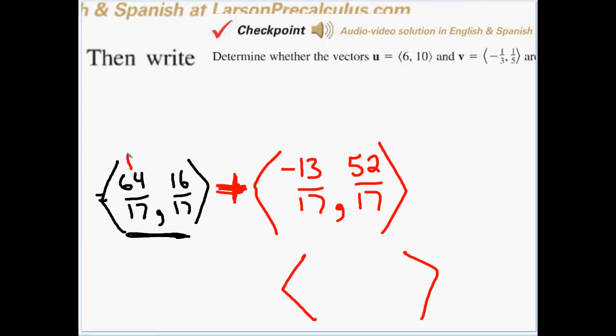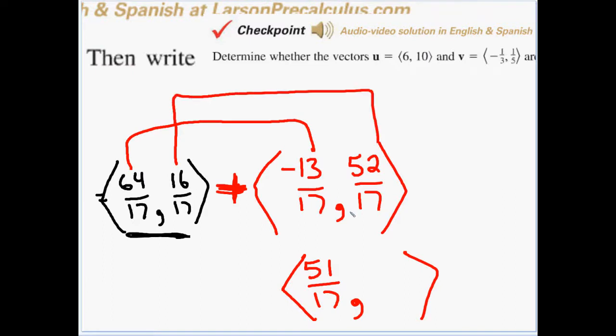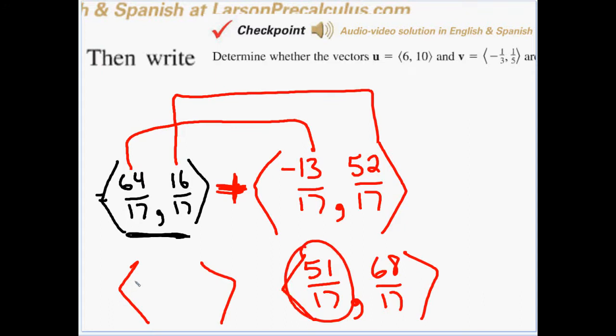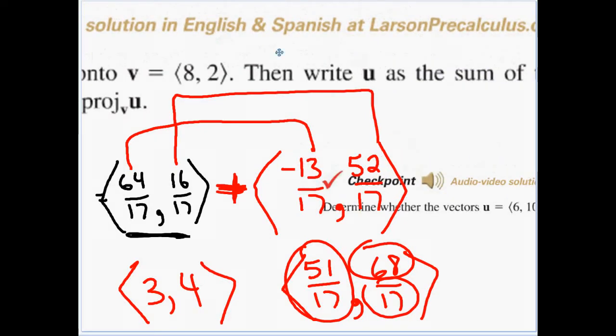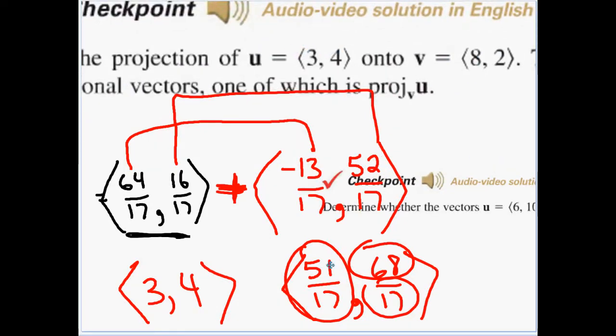And if we do add 64 plus a negative 13, that'll take us to 51 over 17, comma, 16 plus 52, we're adding here. That would be 68 over 17. And if we divide, 51 divided by 17 is equal to 3, comma 68 divided by 17 is equal to 4. So we're back to vector u, 3 comma 4.